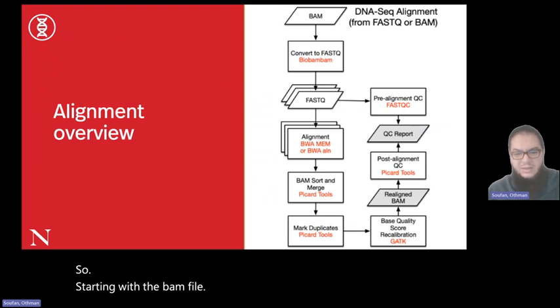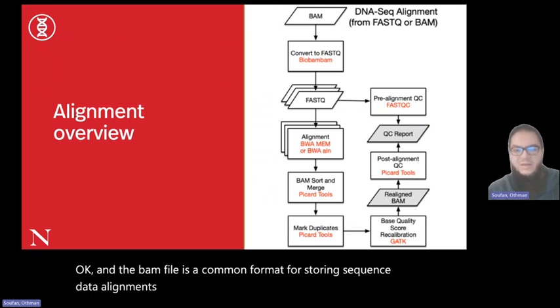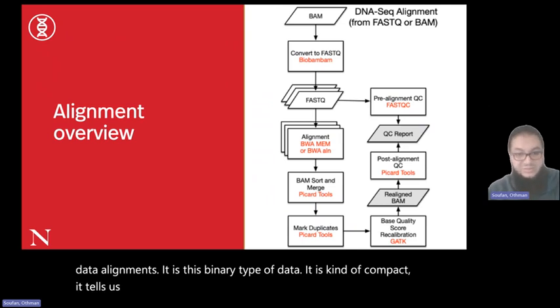Okay, and the BAM file is a common format for storing sequence data alignments. It is this binary type of data. It is kind of compact. It helps in saving space, because SAM files that are usually produced are large.